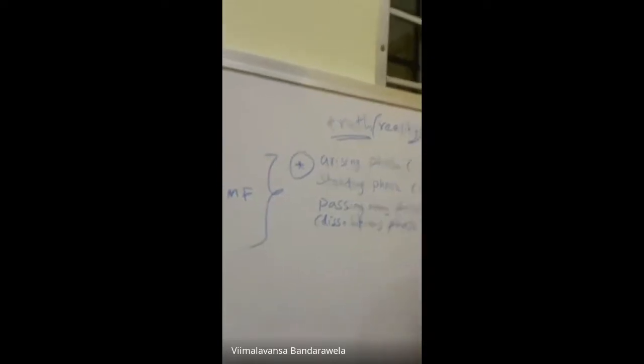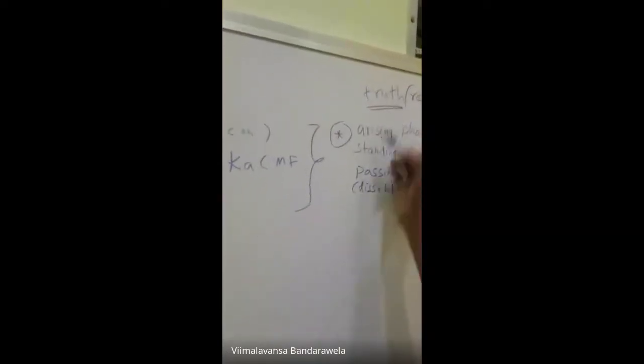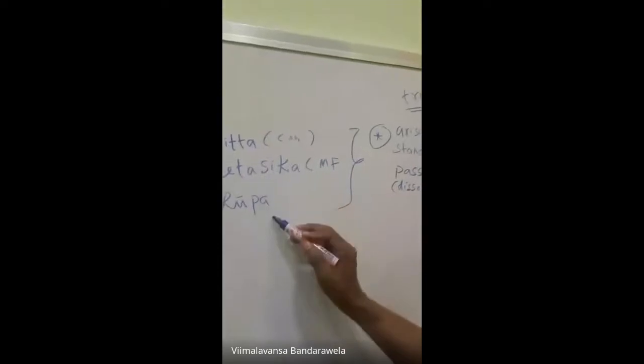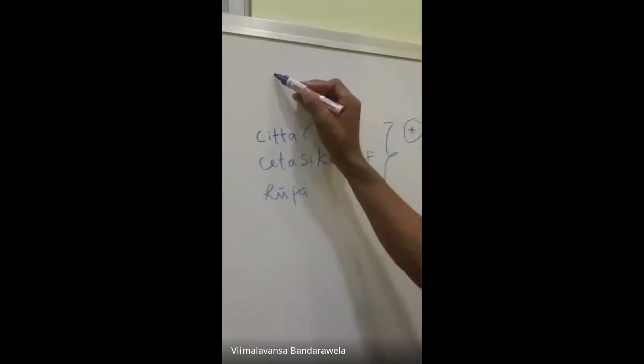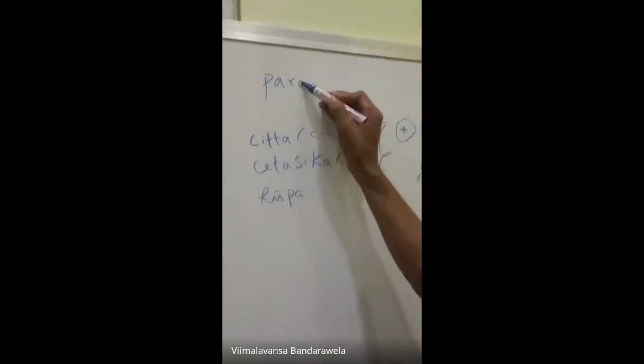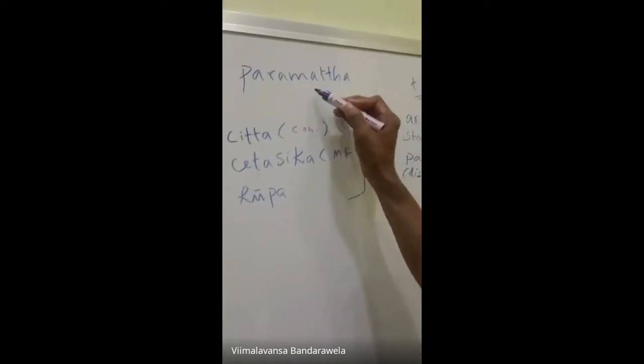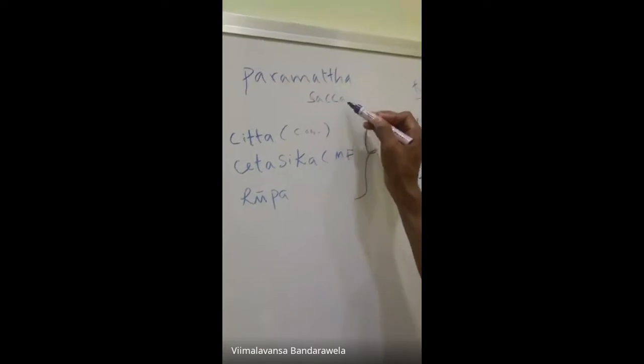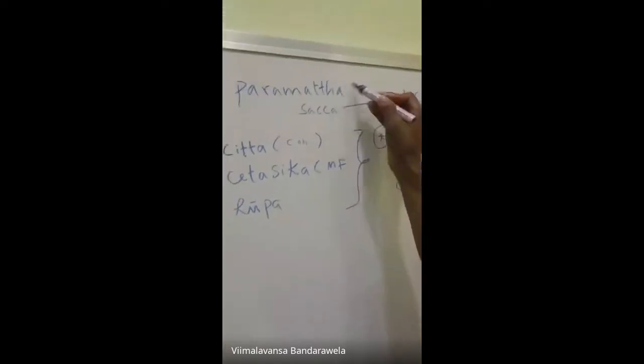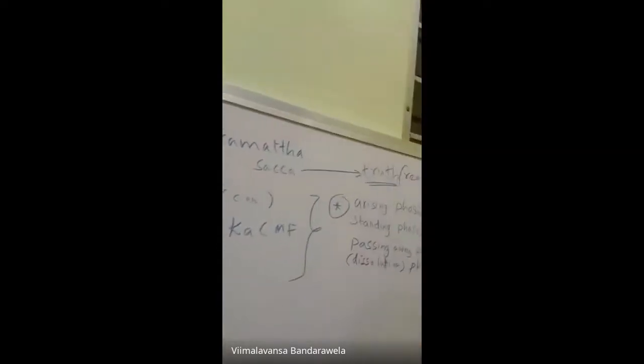Uppada, thiti, bhanga. And then these chitta, chetasika and rupa are the paramattha satya, no? Satya means the truth, right? Paramattha means ultimate reality, ultimate truth, right?